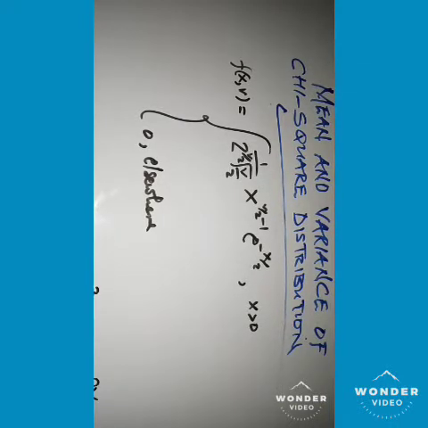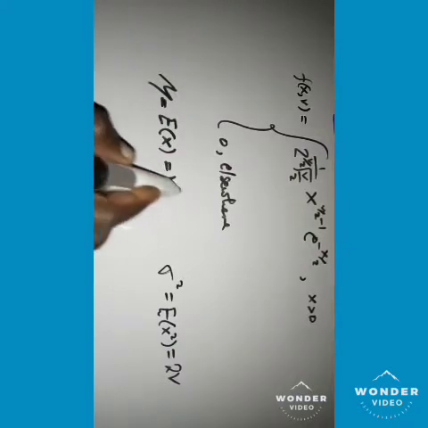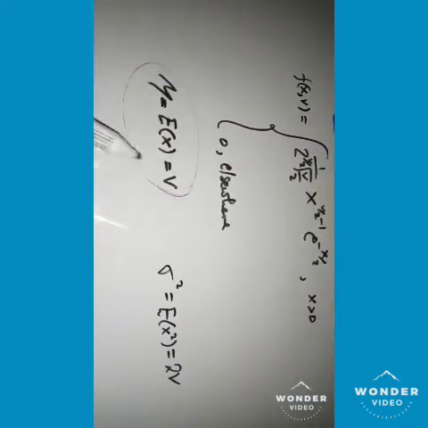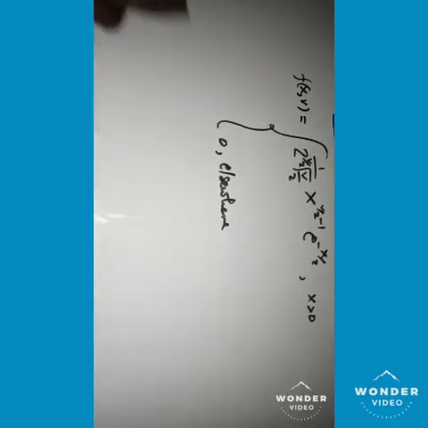Having proven that the mean of the chi-square distribution is v, we are now going to prove that the variance of the chi-square distribution is equal to 2v, using the same density function f of x of v.